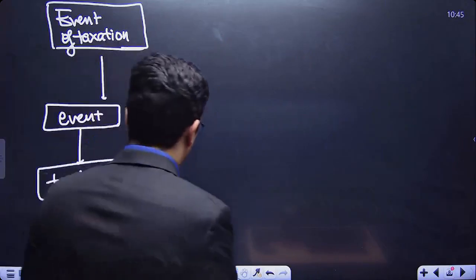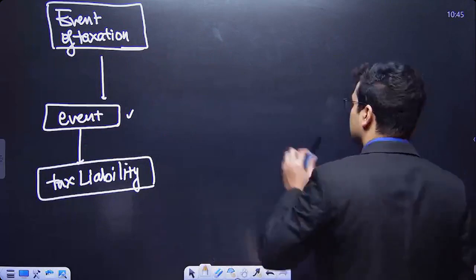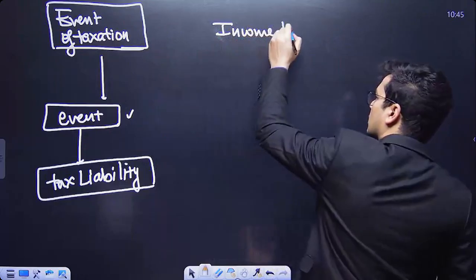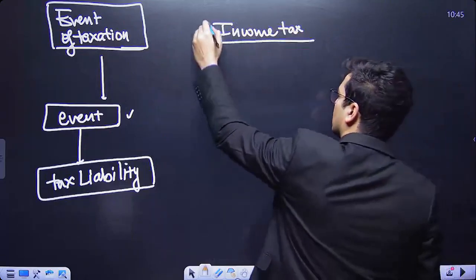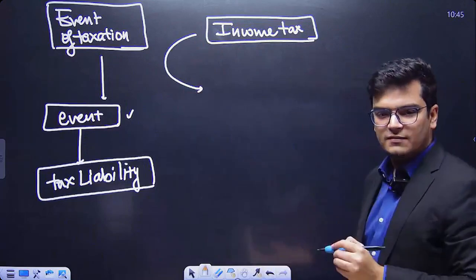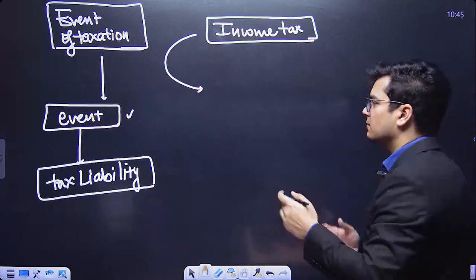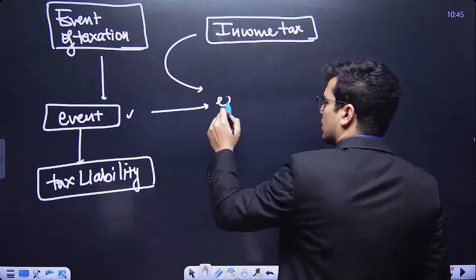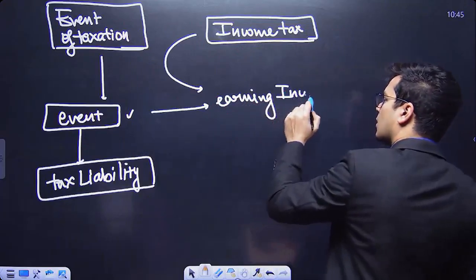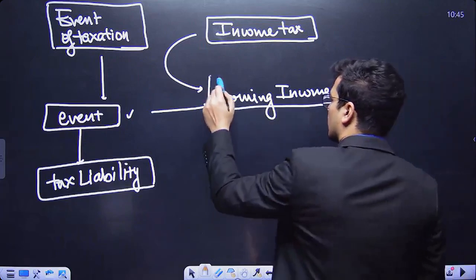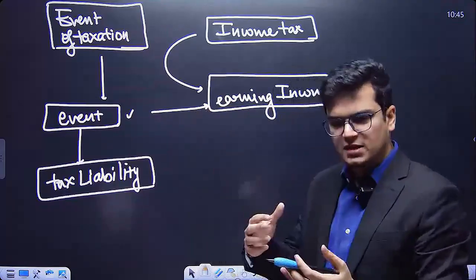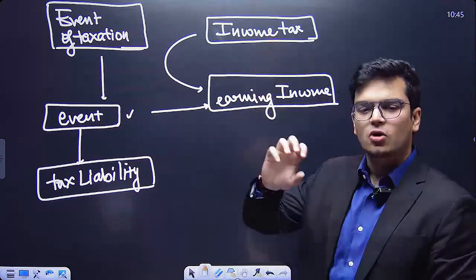Now, first tax that all of us have heard is called income tax. Income tax is a tax that is levied on event of income. The event here is earning income. अभी मैं broadly समझा रहा हूं, अभी हम exemptions में नहीं जा रहे, वो भी हम सीखेंगे, but अभी I am telling you broadly how taxes are levied.